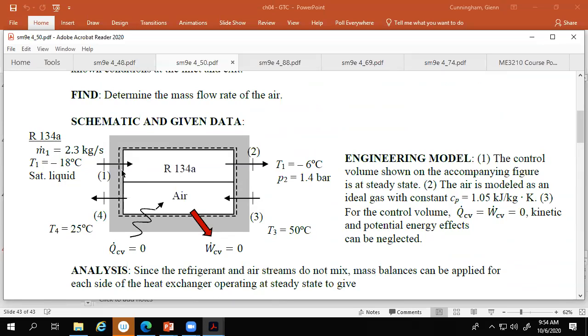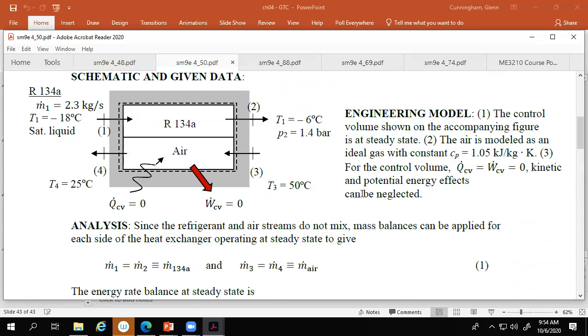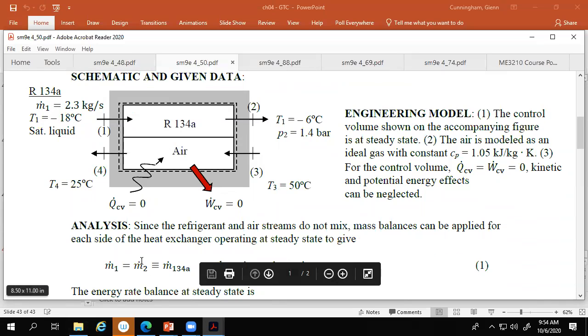We just went through all of that and kind of stated the model. So let's take a look at the analysis. Let's see, m dot 1, m dot 2, that's on the refrigerant side, and m dot 3, m dot 4, that's on the air side. So these first two statements, he's just making sure that we realize that.